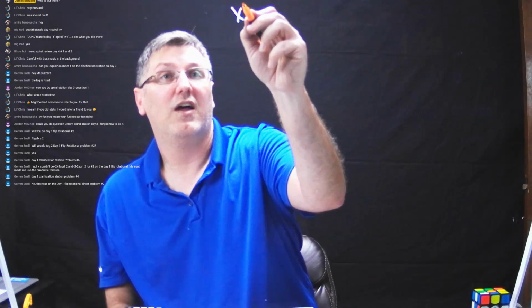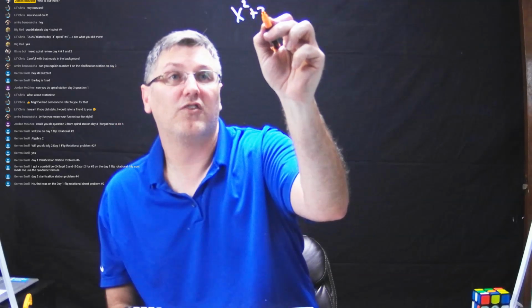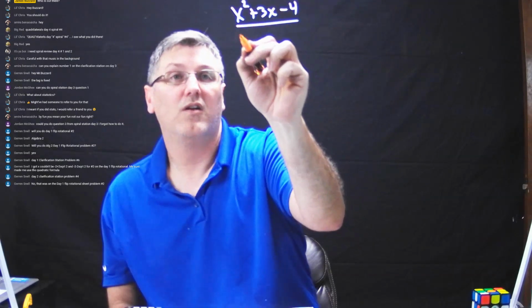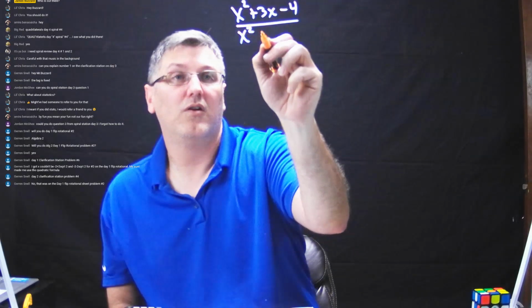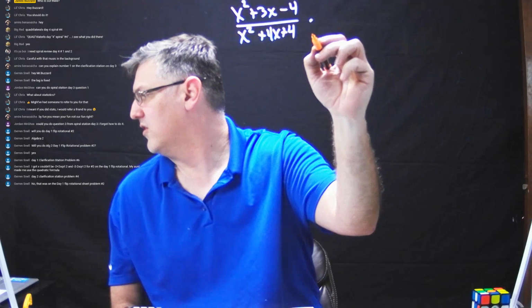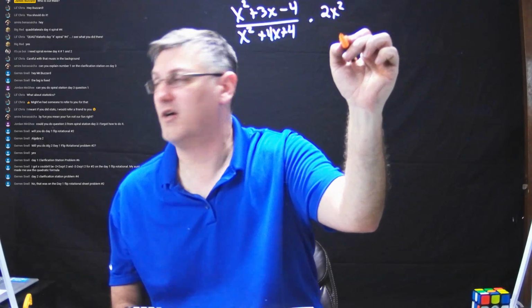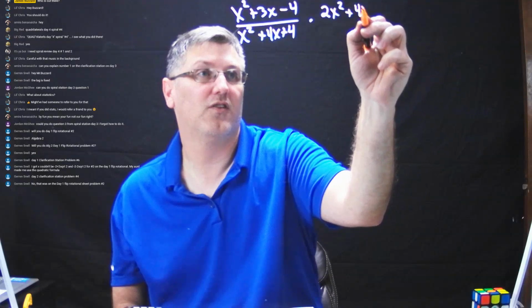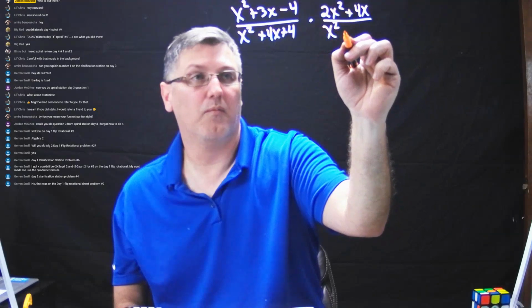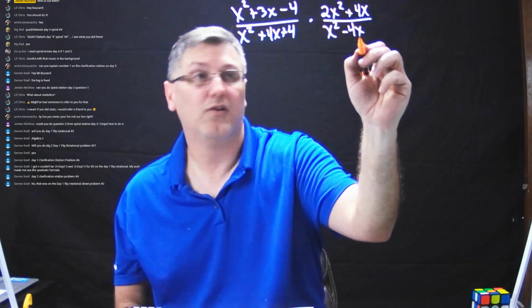All right, so let's do this last one and then we'll shut the stream down. Day 2 clarification station, problem number 4. This problem is going to be x squared plus 3x minus 4 over x squared plus 4x plus 4, times 2x squared plus 4x over x squared minus 4x plus 3.